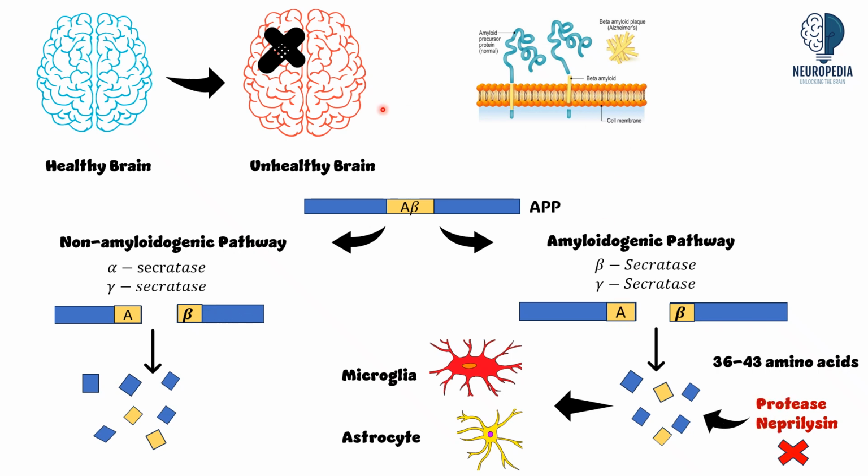Now what occurs in Alzheimer's disease? In AD, the production of amyloid beta is increased and there is a decrease in the breakdown of this amyloid beta, due to which it aggregates into oligomers, and they aggregate further to form characteristic senile plaques.